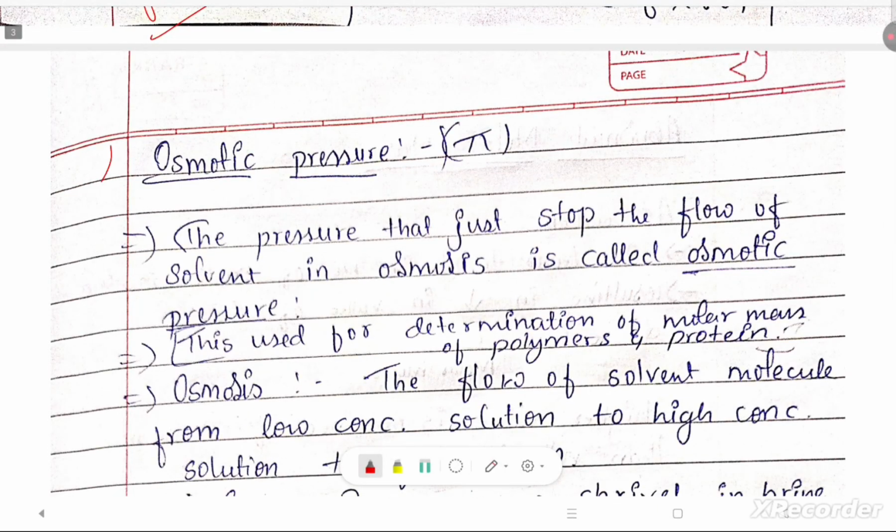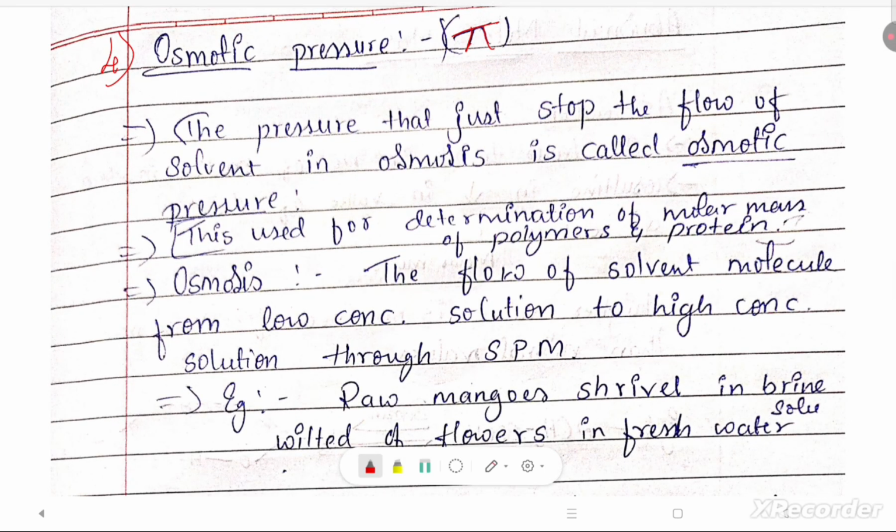Then the fourth colligative property is osmotic pressure, denoted by pi. Before moving to osmotic pressure, you should first know what osmosis is. I think you people are familiar with this concept.